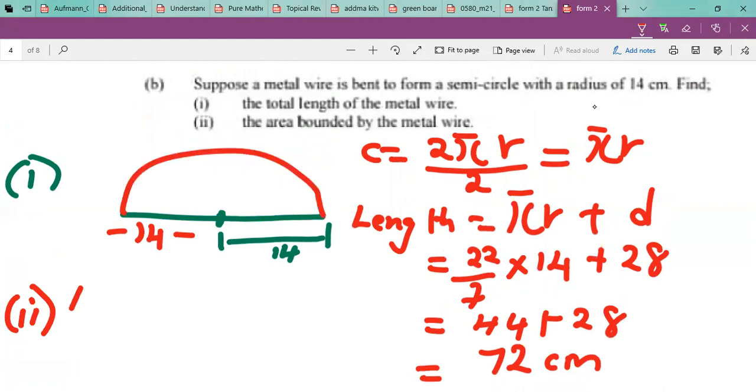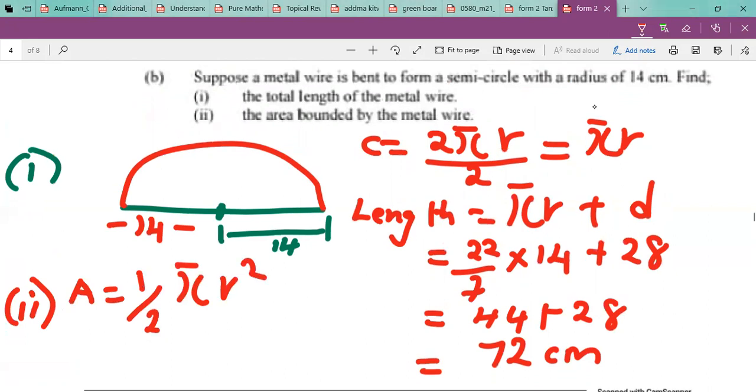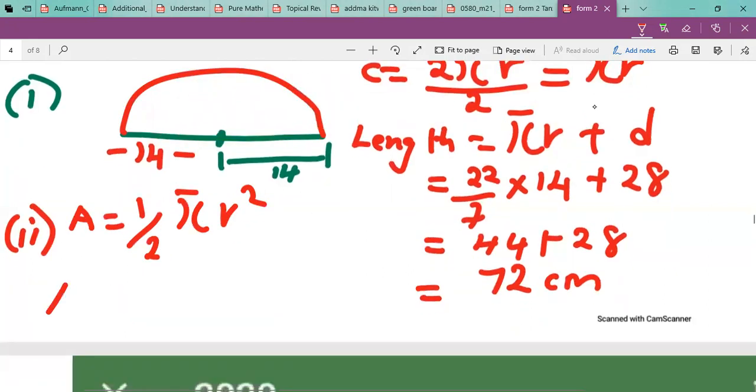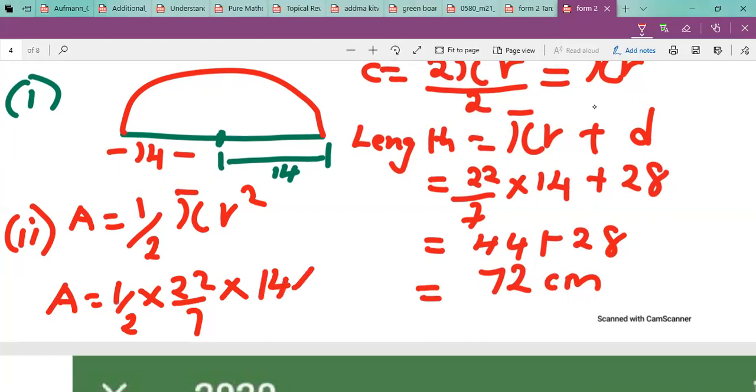Area of a semicircle is half pi r squared. So we're going to say area is half times pi, which is 22/7, times 14 squared, which is the same as 14 times 14. You can allow me to erase this one now.